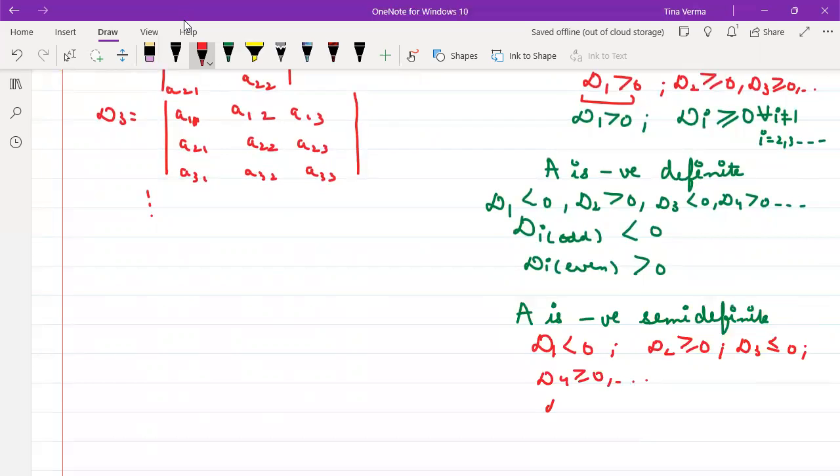So only D1 should be less than 0 and all other Di can have alternate signs, greater or less depending on even and odd. So you only have to check that D1 is less than 0. Clear? Yes or no? Okay.